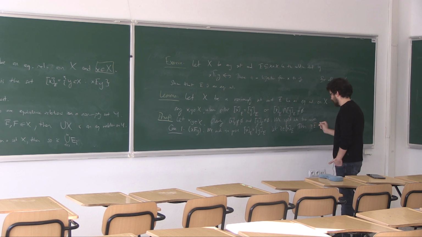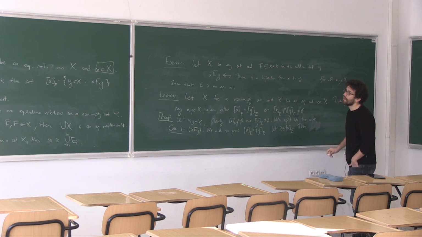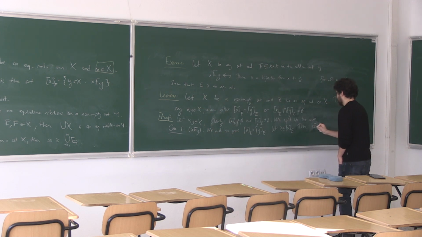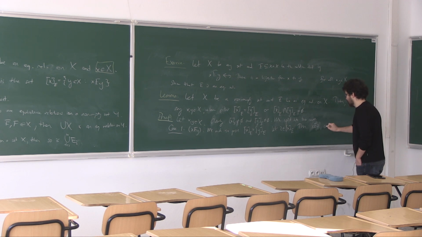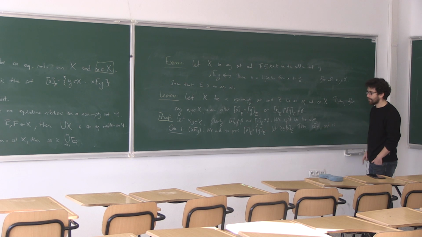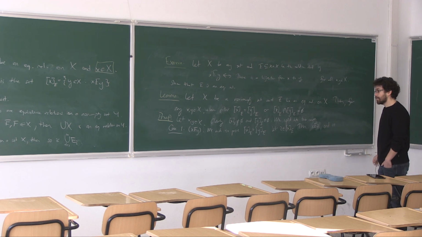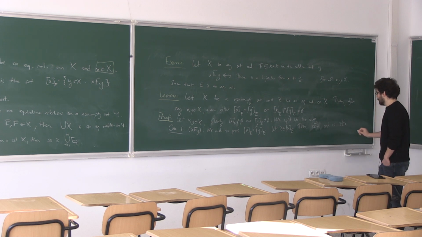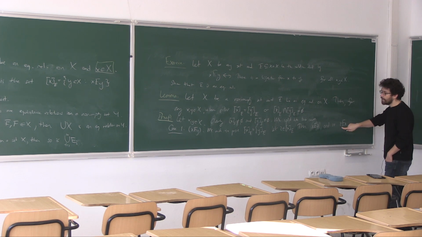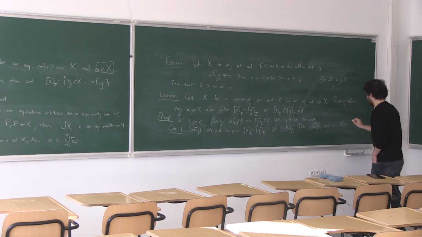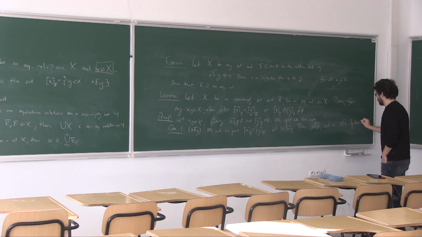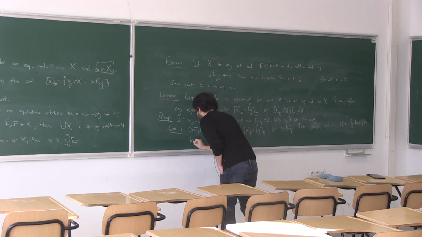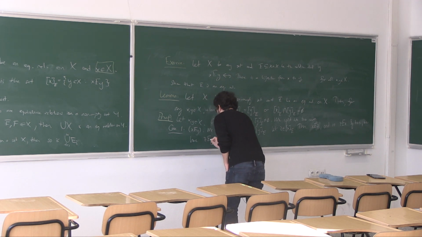Then, by definition, and since this relation is symmetric, I have z is related to x. Now by transitivity, z is related to y.